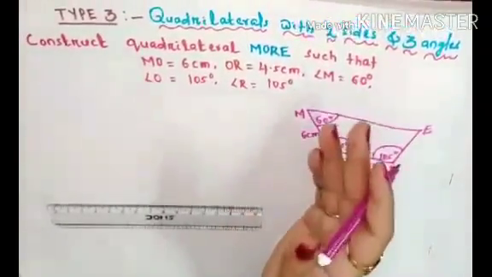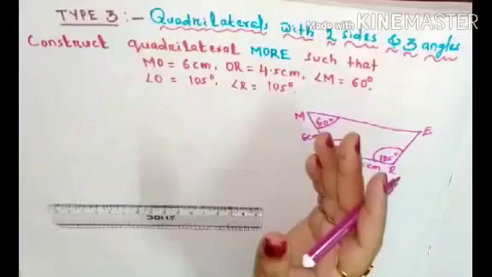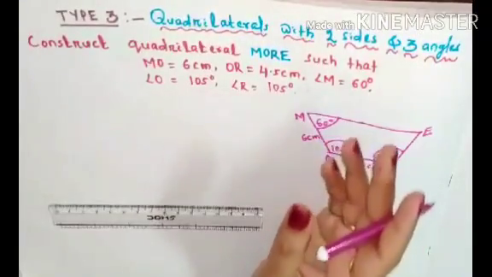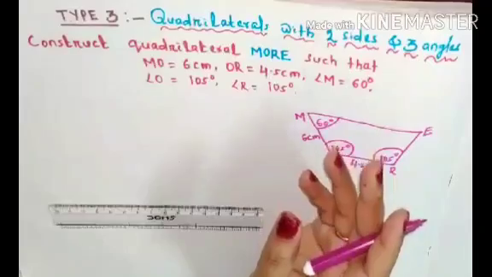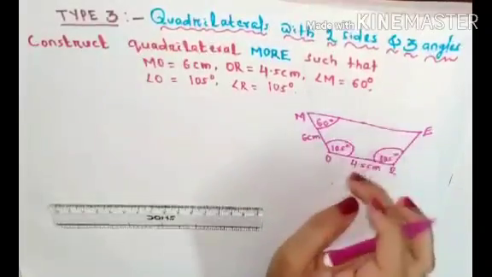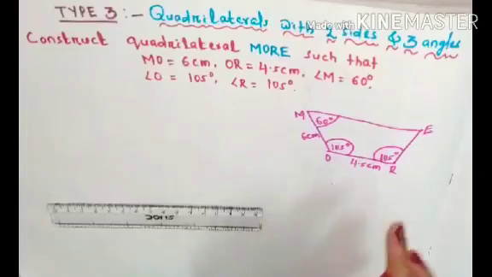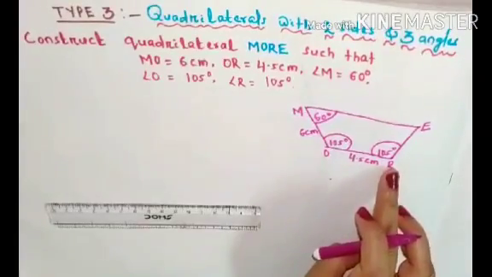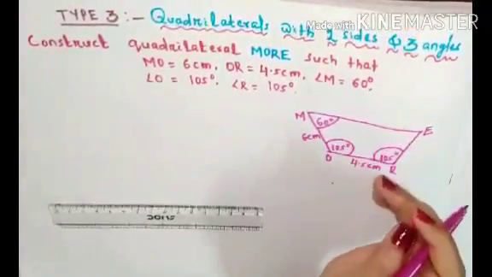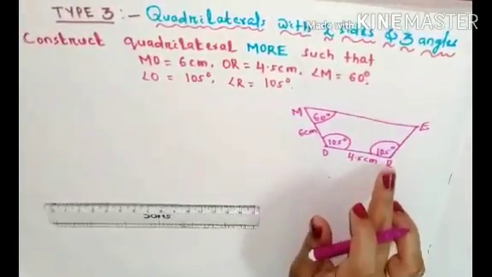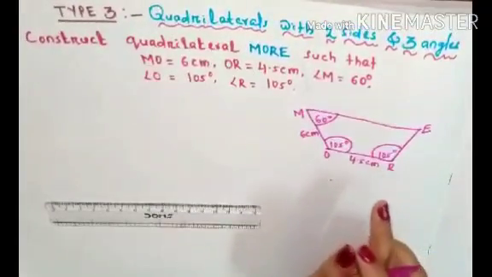So how do you think you will start drawing this quadrilateral? We will start it exactly in the same way as you can see in your rough sketch. You will first draw the length OR. Can you tell me why? Because for OR we know both these angles.